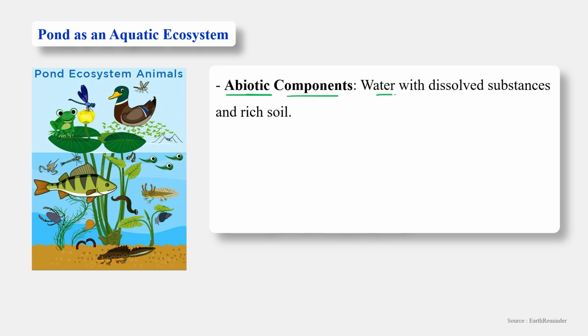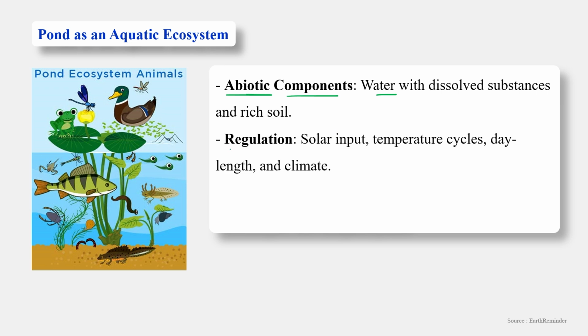So water with dissolved substances and rich soil come under the abiotic component category. Then regulation: solar input, sunlight, temperature cycle, day length and climate. These are some factors mainly responsible for regulating this pond ecosystem.